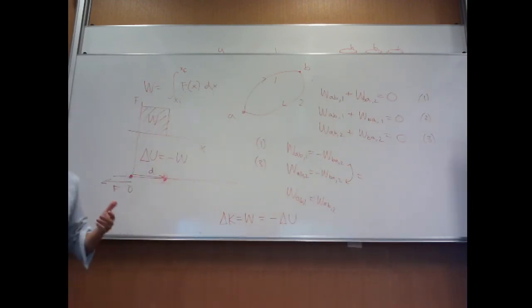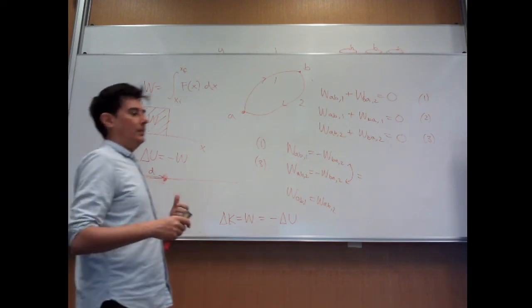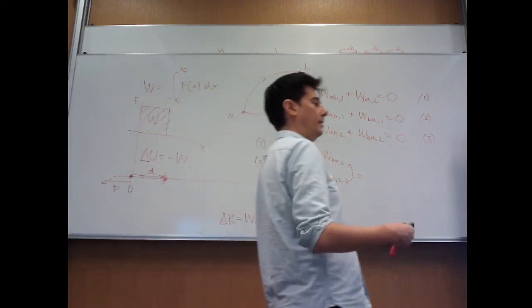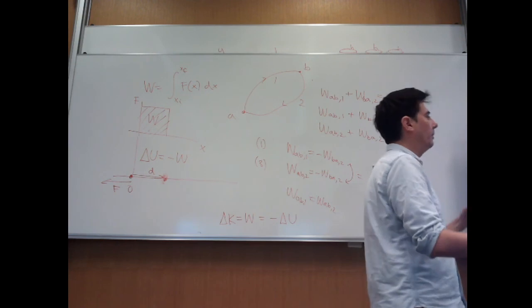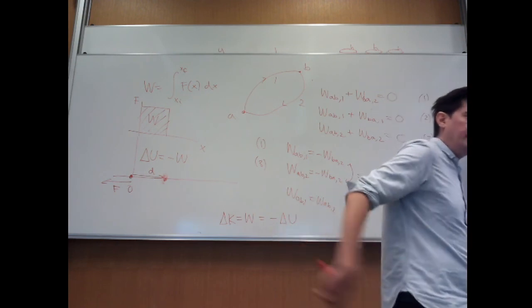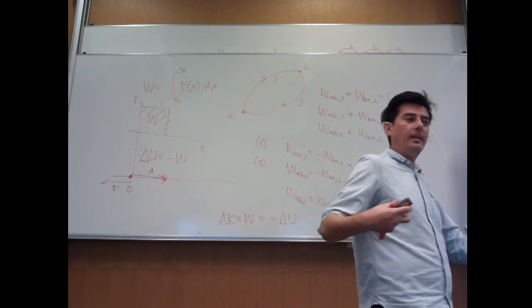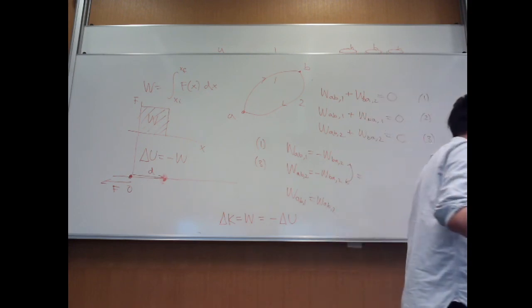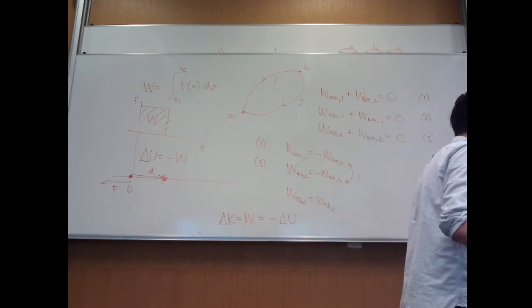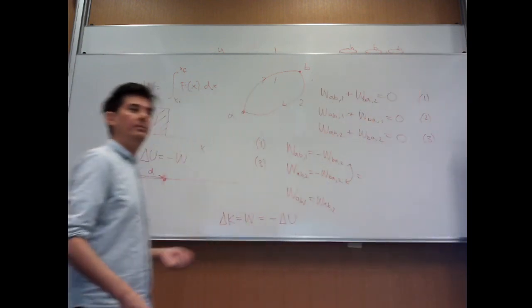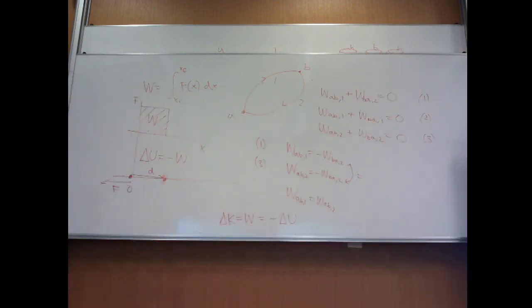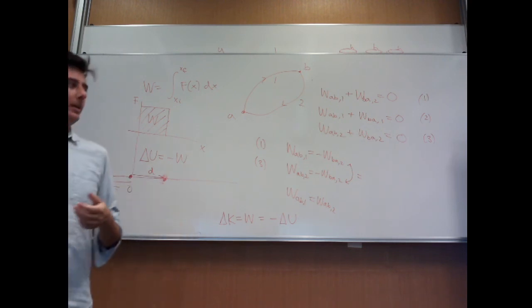But if you imagine that maybe this is some kind of spring or something, you're going this way, you're losing kinetic energy, but the spring is actually going to be tightening. And so at some point, well, that potential energy could turn back into kinetic energy, right? So that's kind of more or less the situation that might be happening there.